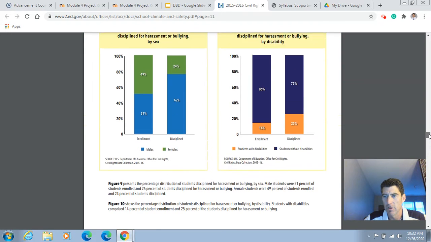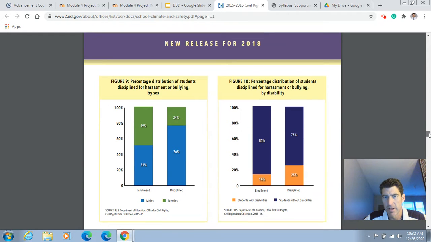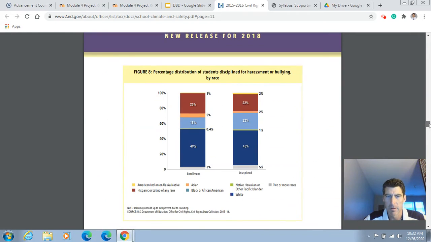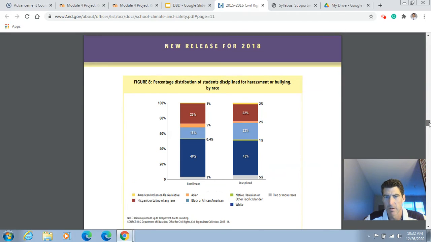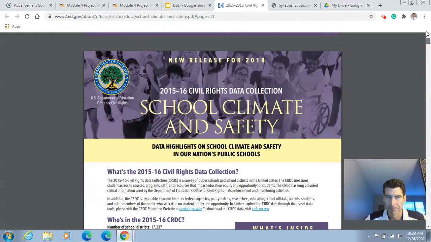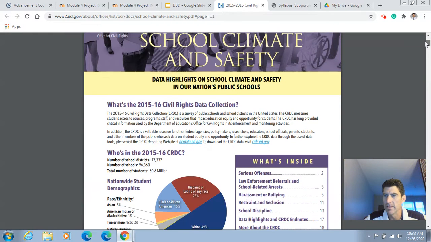And I've included this link on the presentation here if you want to look at this more. But I find it fascinating, the breakdown in percentages of students in harassment, bullying, and this is put together by the Civil Rights Data Collection.